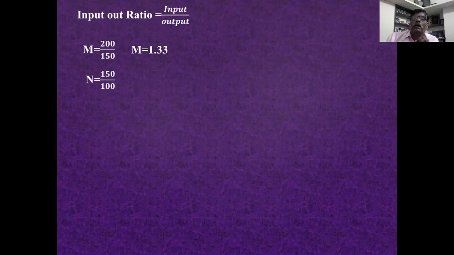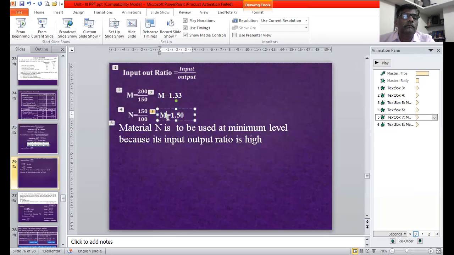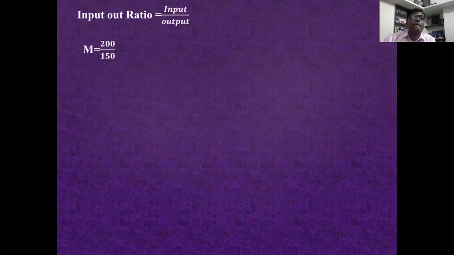Okay. Regarding N, 150 is the input, 100 is the output. Therefore, M is 1.5. If you give 1.5 kg of N, you will get 1 unit.